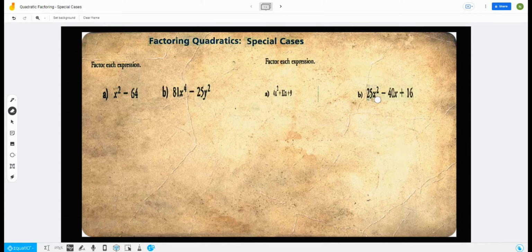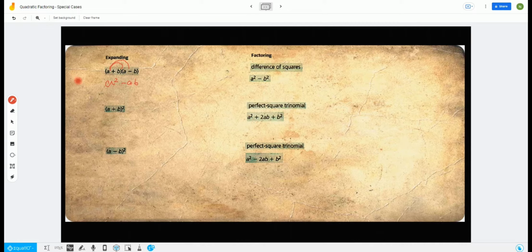Before we factor them, let's review the basic knowledge. On the left side we want to expand it, and on the right side we want to factor it. So let's expand it. a plus b times a minus b. a times a is a squared, a times negative b is negative ab, b times a is ba, and b times negative b is negative b squared.